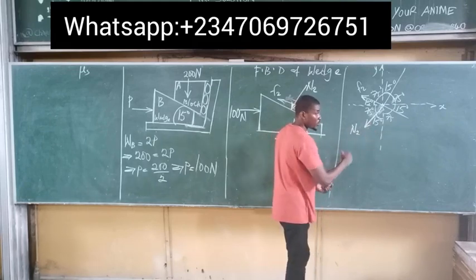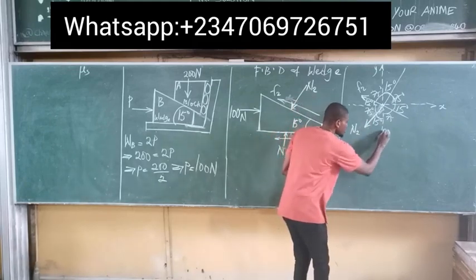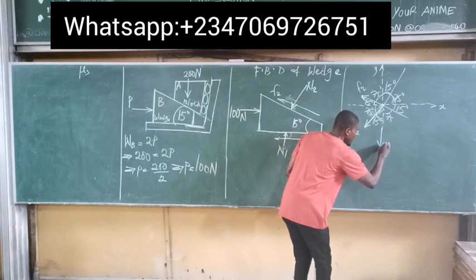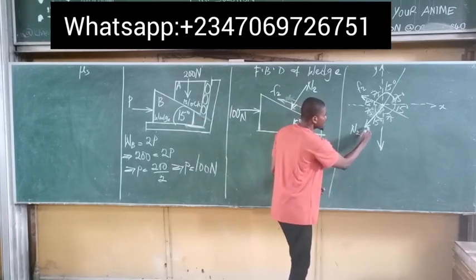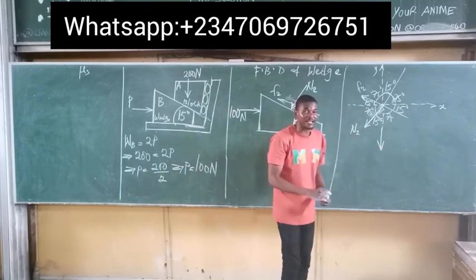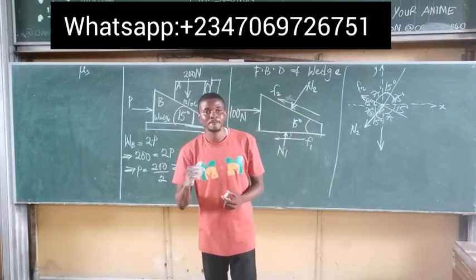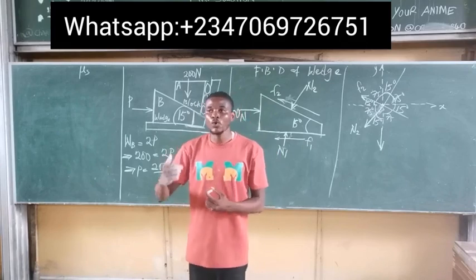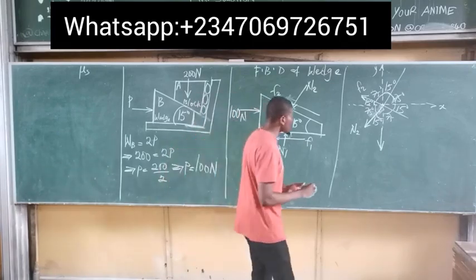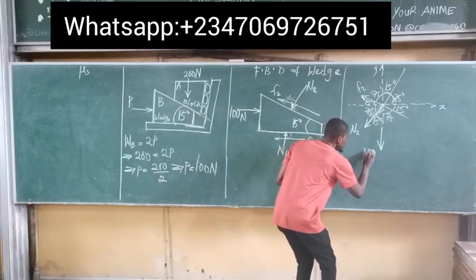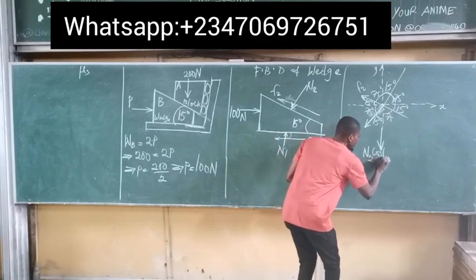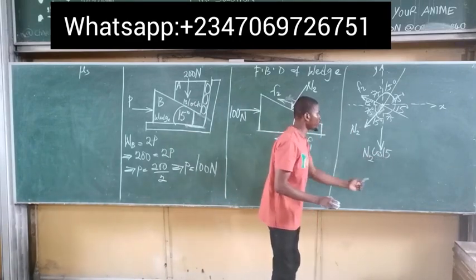Where will the arrow point? Downwards. So this normal reaction points downwards, and this force passes through the angle of 15 degrees. Whenever a force passes through an angle to a component, you multiply by cosine of the angle. So this is N2 multiplied by cos 15. This becomes the vertical component of this force.